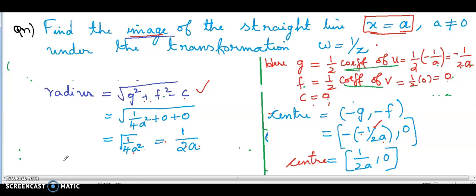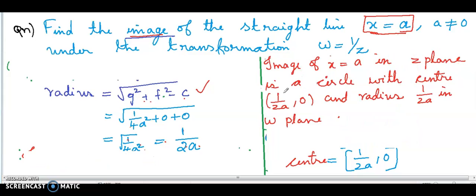So what is our conclusion? The image of x equal to a in the z plane. We know x, y always, it's the z plane we consider, whenever you take x and y, z is equal to x plus iy.